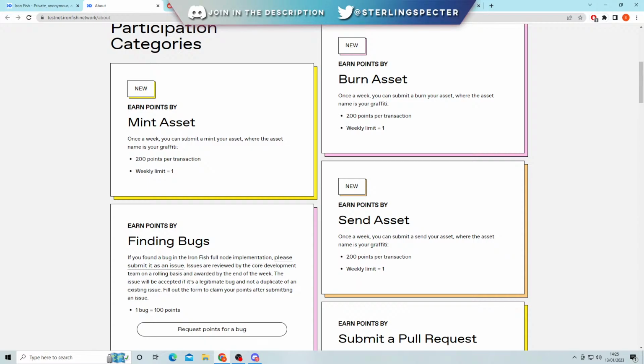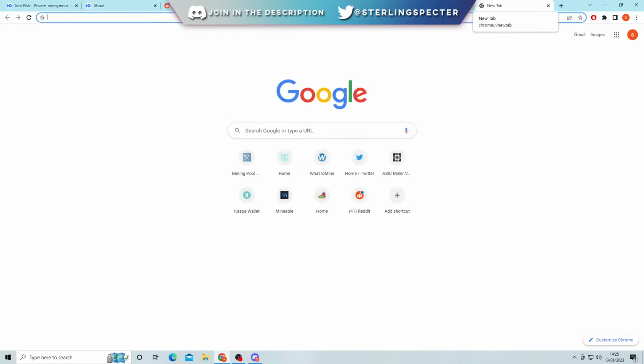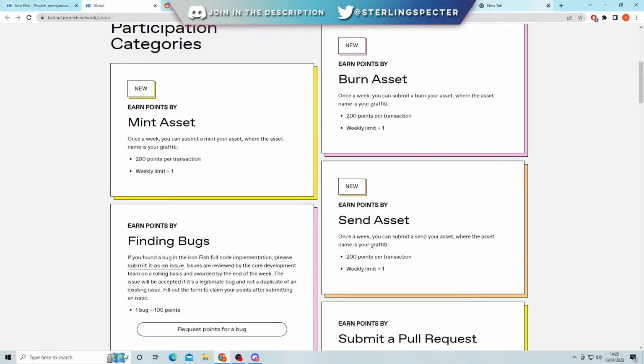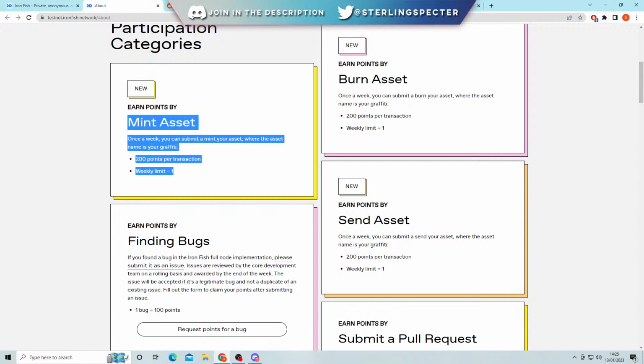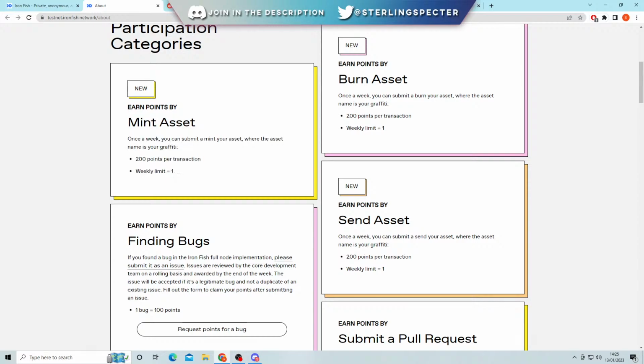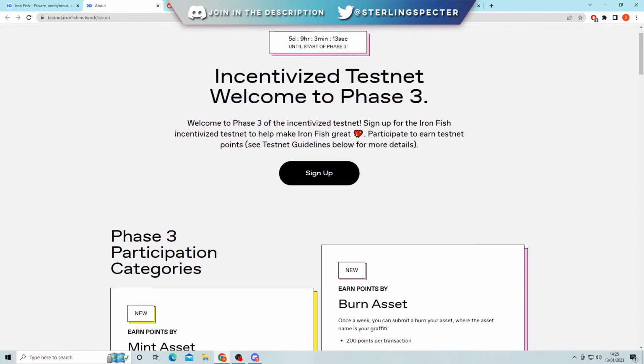I'm curious about Ironfish. What would be good to see an interview? Yeah, I've been in talks with people over at Ironfish. I'm just trying to get something sorted out. I'm in contact with somebody there, trying to get an interview preferably before the testnet phase 3.